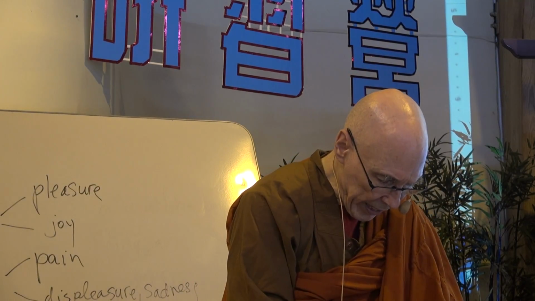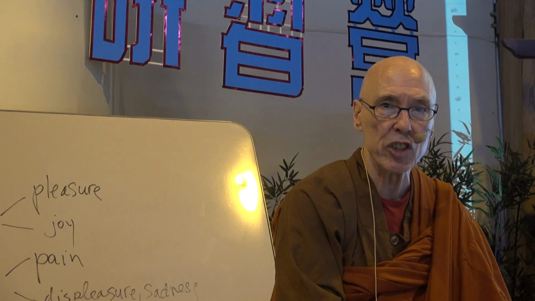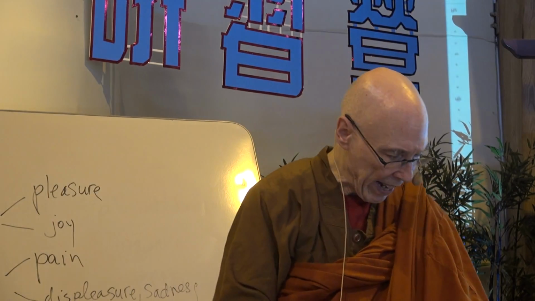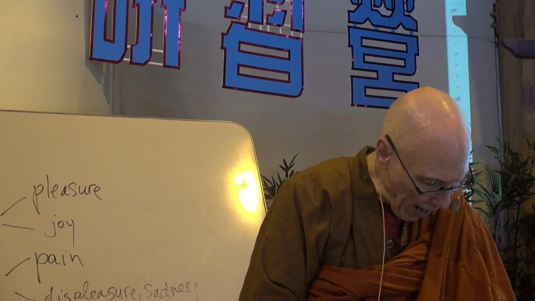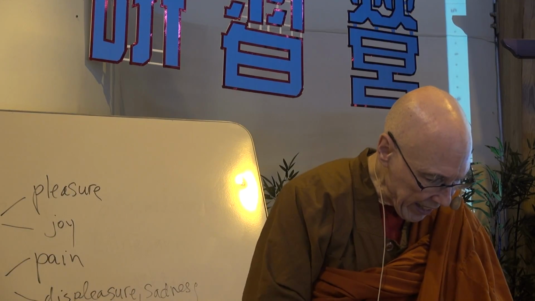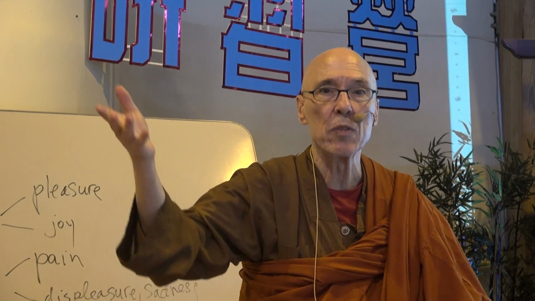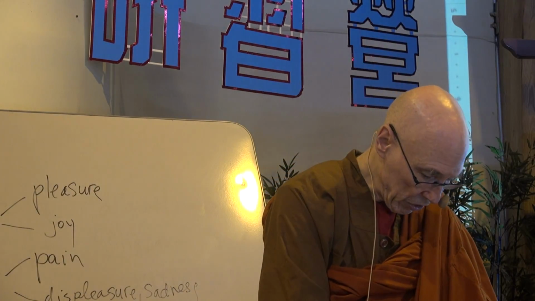Then the faculty of one who has final knowledge is the knowledge of the fruit of arahatship. That is the one who has completed the development of the path. And then the faculty of final knowledge is the intermediate kinds of supramundane or world-transcending wisdom or knowledge.